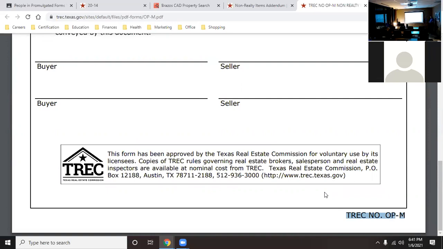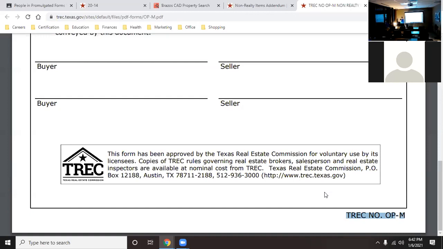It's not promulgated, right? Since it's not promulgated, it does not have a number. That's why it starts with OP, because it's optional, and it's the letter M. So in that situation, this is not a mandatory form.